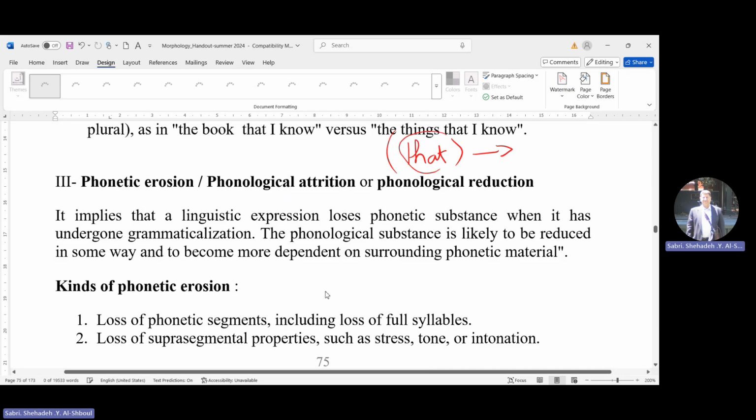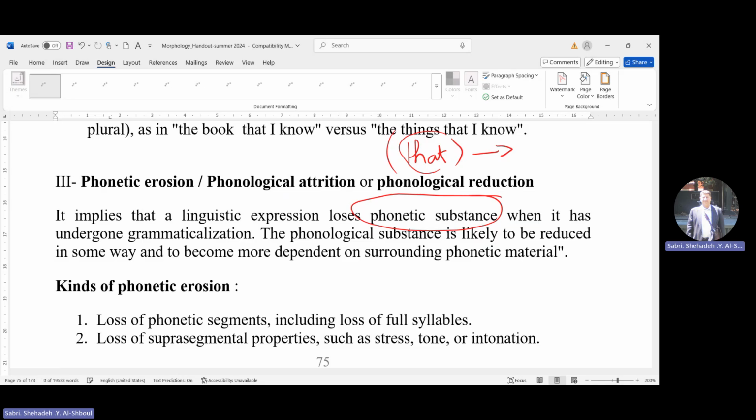of grammaticalization is called phonetic erosion or phonological attrition or phonological reduction. So we have different technical terms, but all of them refer to the phenomenon of an expression that loses its phonetic substance, some phonemes, some sounds, when it undergoes grammaticalization.